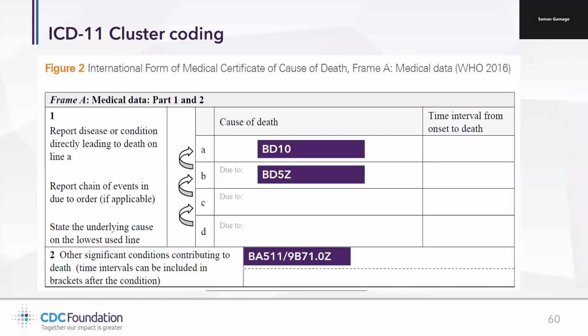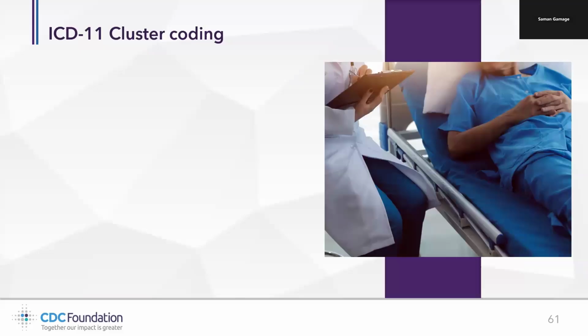Let's go through this example. We have BD10 line 1A, 1B, BA5Z, and then in part 2 we have 5A11 / 9B71.0Z. The cluster is BD10 vertical bar BA5Z asterisk, to separate part 1 from the part 2 conditions, 5A11 / 9B71.0Z.